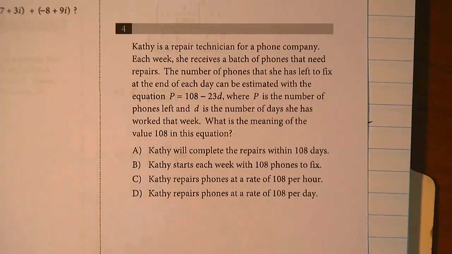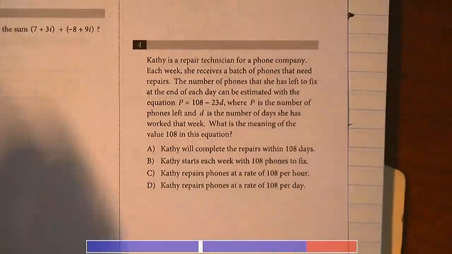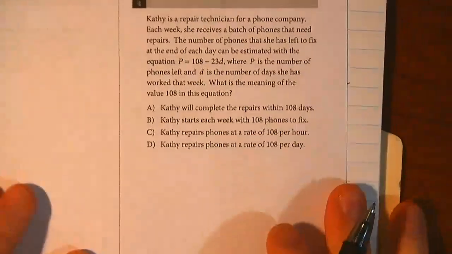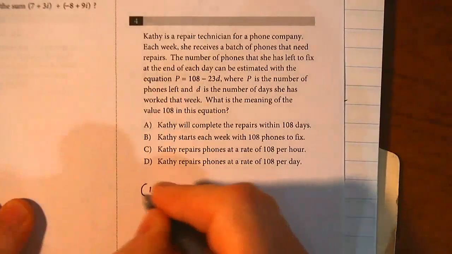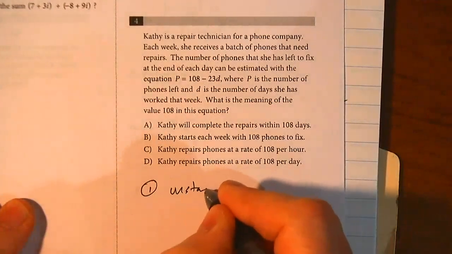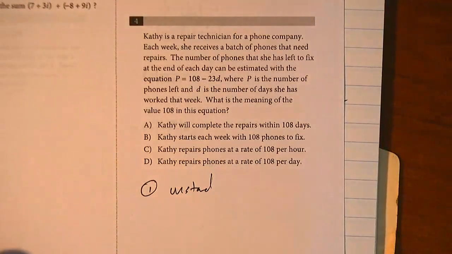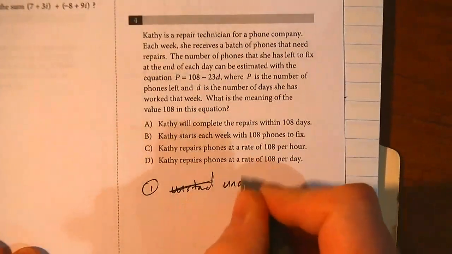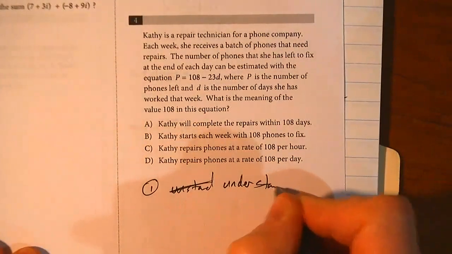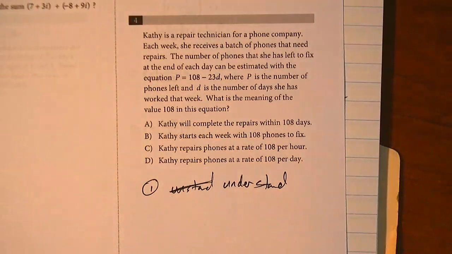Okay, so hopefully you've taken time to read this. So remember, when we work through a problem, we work through it in 5 steps. Anytime we've got a problem that we're trying to solve, we go through it in 5 steps. The first step is to understand. For this particular problem, really we never have to go much past understanding.